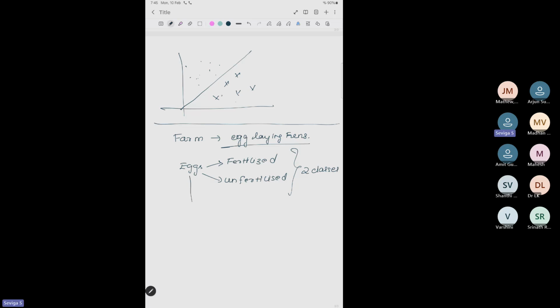And the eggs can have features like length of the egg and weight of the egg. So it has two features and two classes.